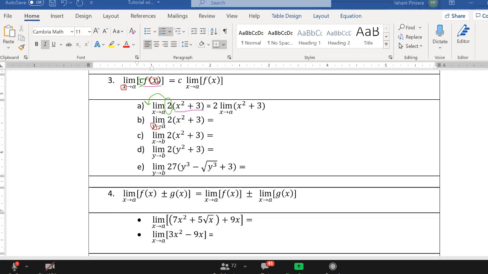The variable y is not included in this function. So the variable is not included in this total function, and this whole thing is becoming a constant because y is not included in here. So what is the answer?